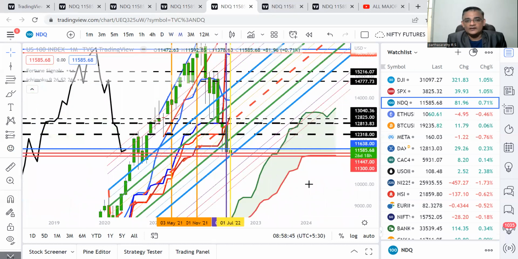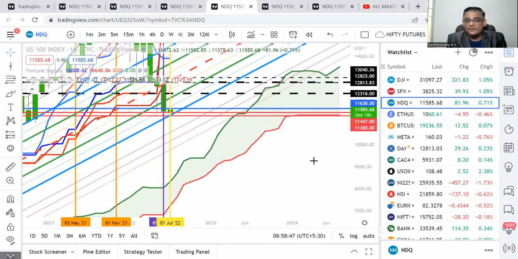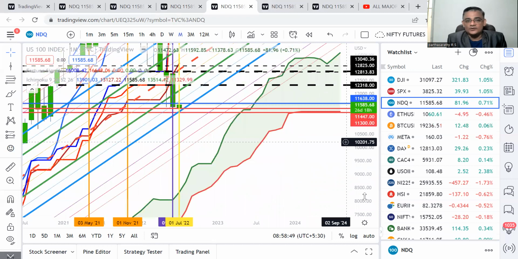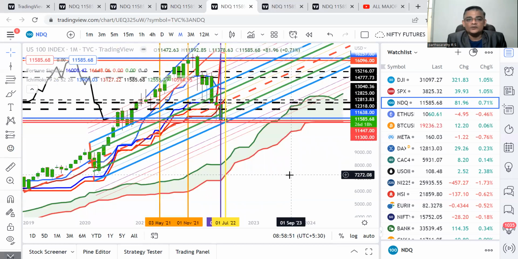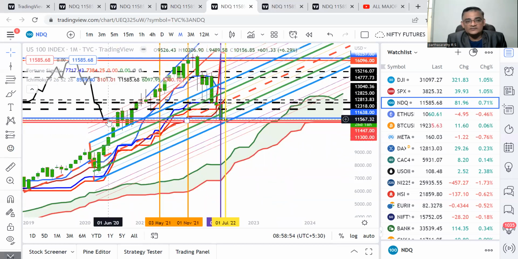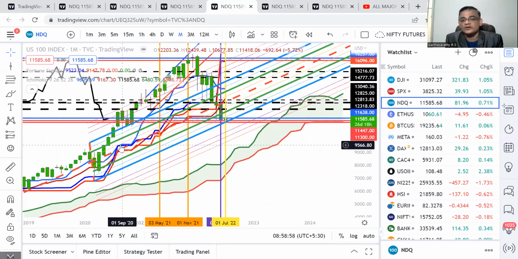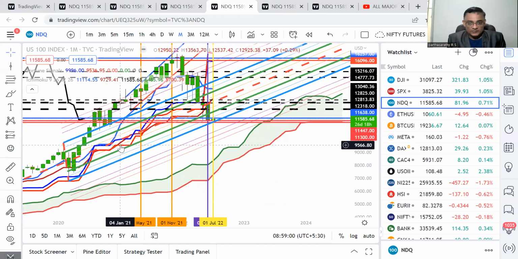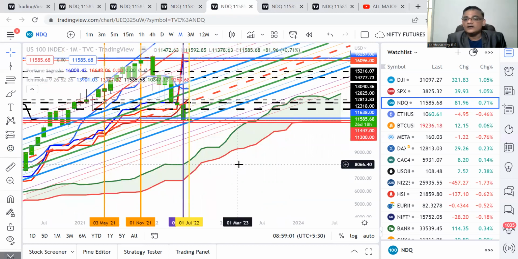And coming to monthly, it is holding. Still the cloud is bullish, so no need to worry about it. And in case the market comes down, the lagging span will take support somewhere around the 9566 level. As of now, in Ichimoku, it says only on the monthly time frame it is bullish.